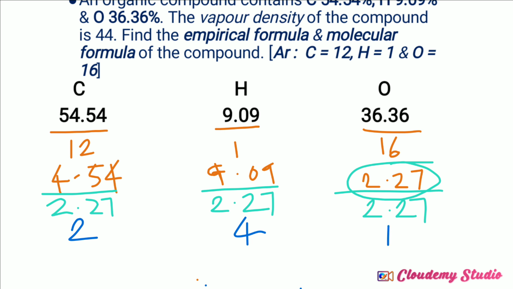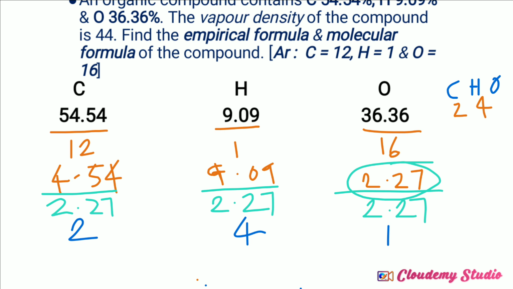So now we have got the ratio of atoms. The ratio of carbon, hydrogen, oxygen is 2:4:1. That is, the empirical formula is C2H4O.